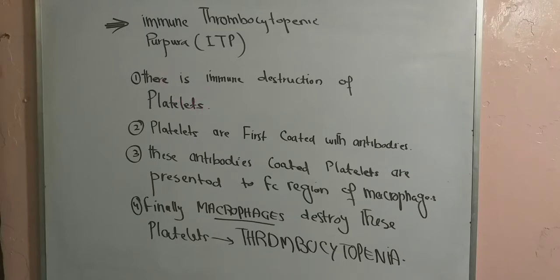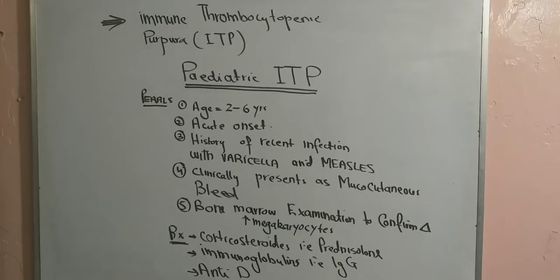The platelets are first coated with antibodies which are generated in the body, and these antibody-coated platelets are then presented to the Fc region of the macrophages, which engulf and finally destroy these platelets to cause thrombocytopenia.